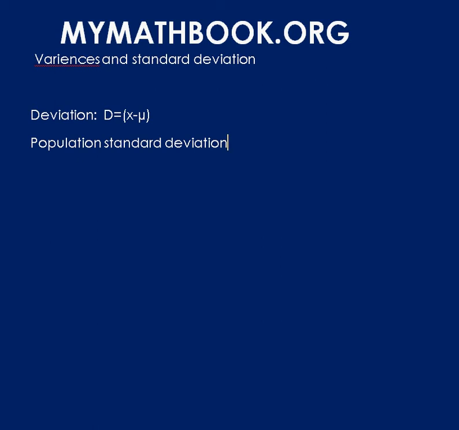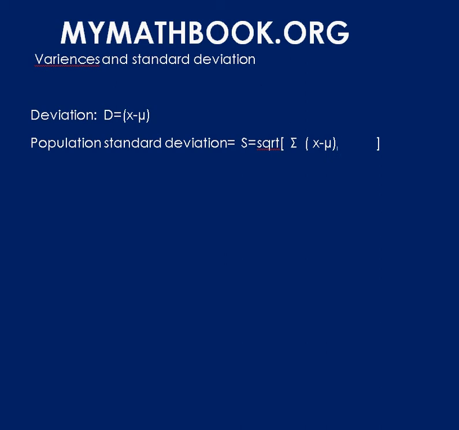Okay, so the population standard deviation will be given as this. We use S for that, and that's equal to a square root, and that square root will take different parameters. So I'm going to put it here, and it's going to take the sum of the deviation that we have, and that deviation will be squared.